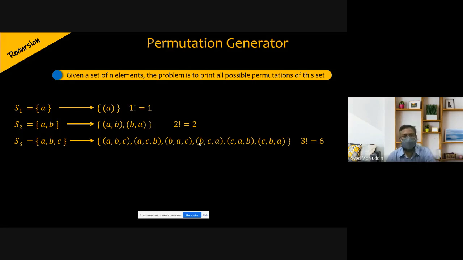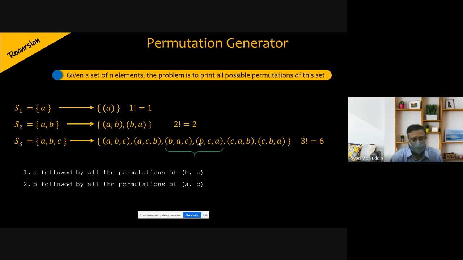Now, how is this constructed? If you look at this, the first element is A, followed by permutations of B and C, that is BC, CB. Then the next element is B, followed by all permutations of A and C, that is AC and CA.